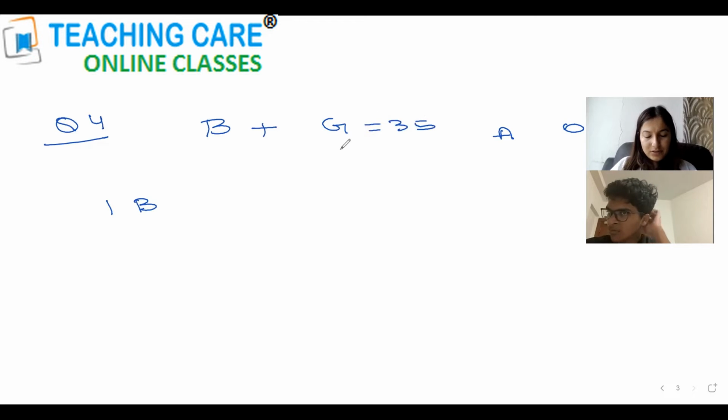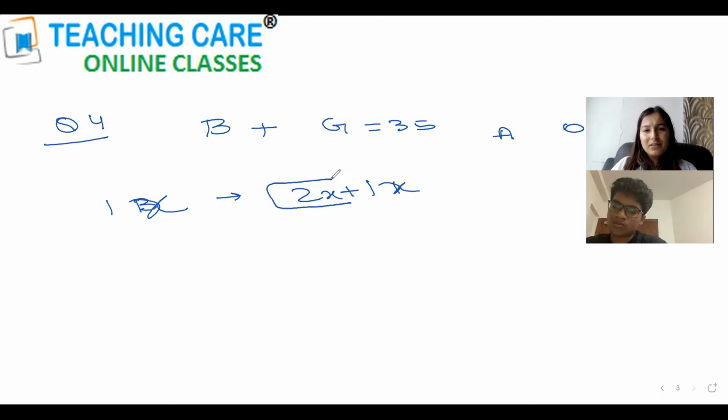There are 35 students in a class. Each boy is given, let's say one boy is given 2 apples and 1 orange, right? So let's say there are x boys. So can we say 2x plus x will be the total quantity they are getting? 2x plus 1x. These are the number of apples and oranges to those boys.